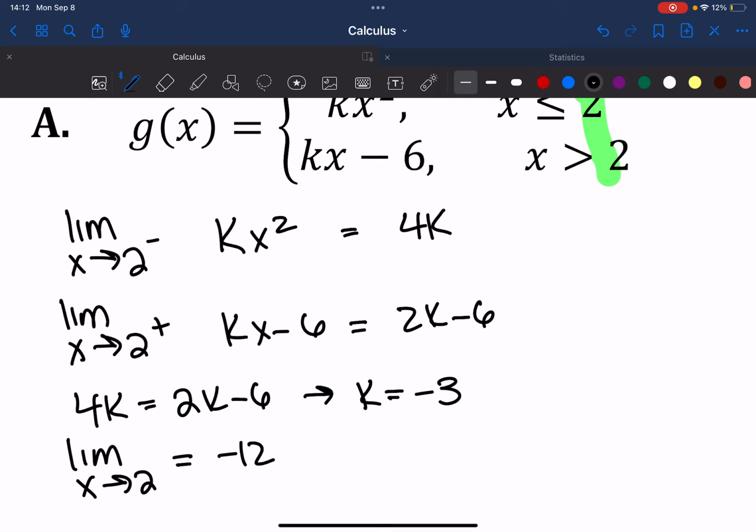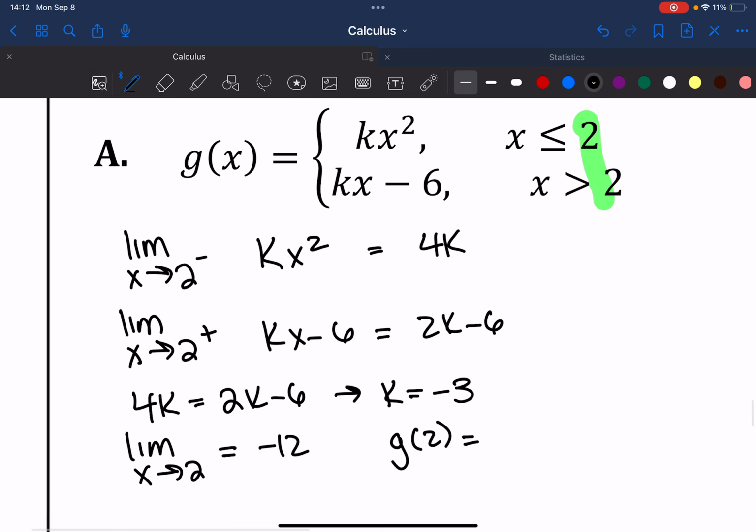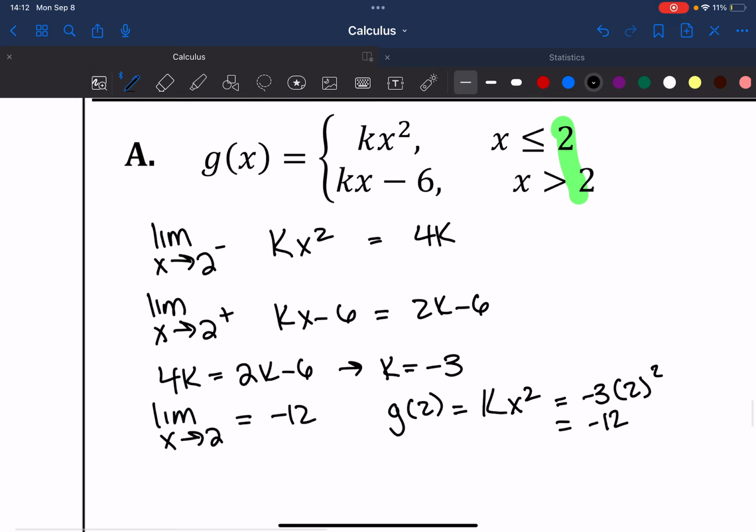Then we just have to find g of 2. Well, g of 2 is equal to, looking at the domain where x is less than or equal to 2, so kx squared, k is -3, x is 2, so this gives us -12.